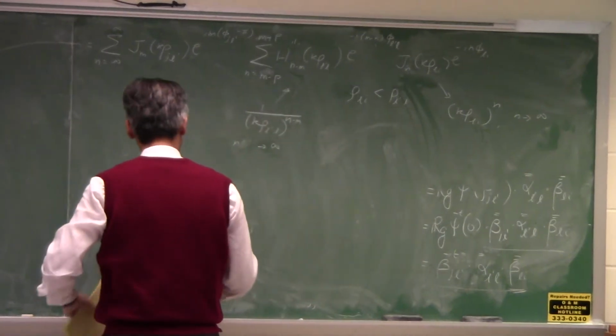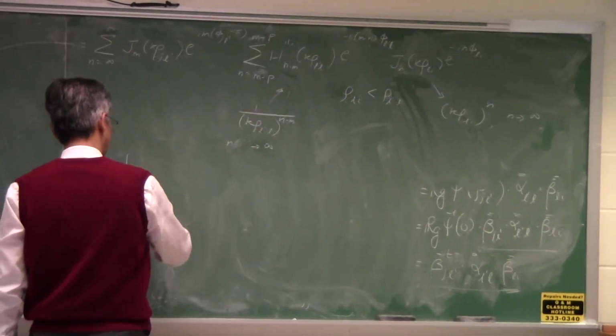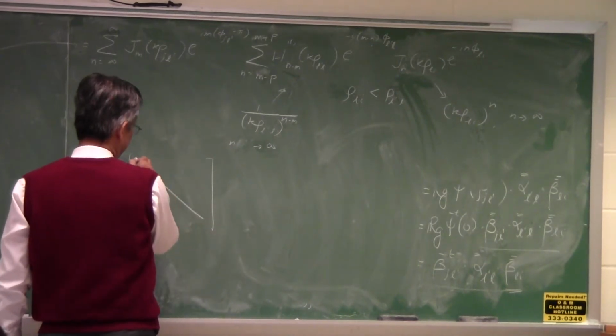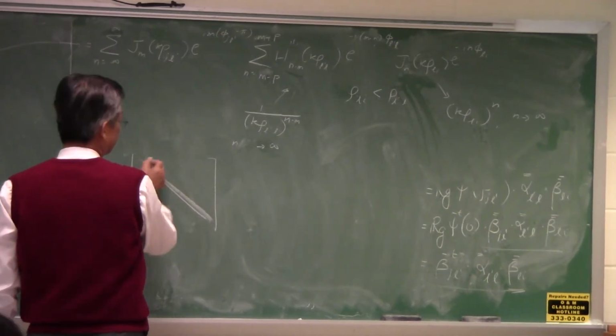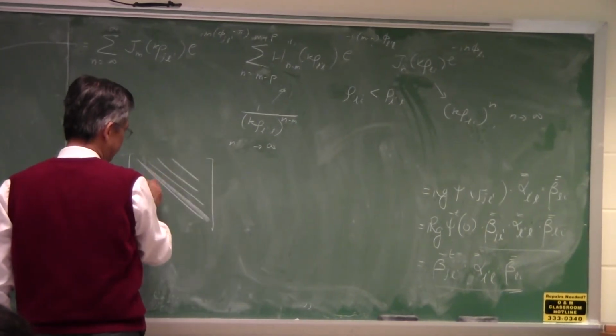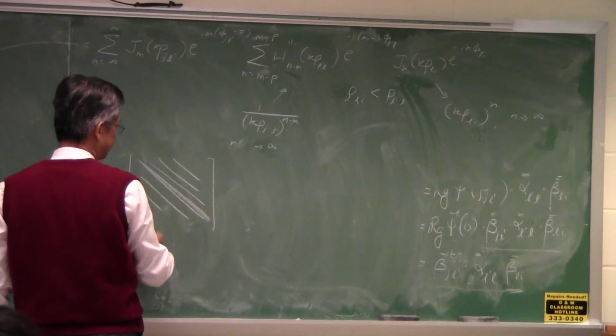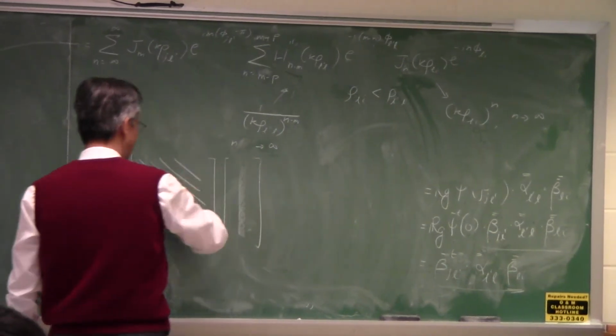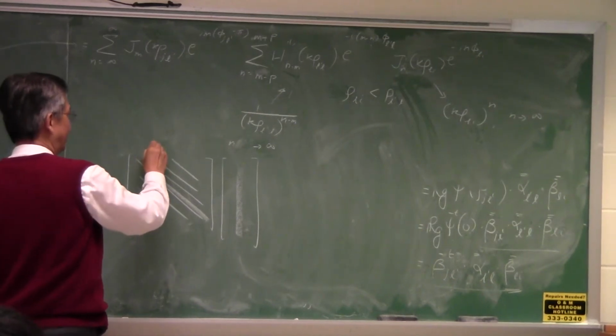In other words, if you have a discrete convolution, the matrix only depends on the n minus m. So all these elements are the same. And if you multiply this with a column vector, this cost is generally n squared cost.